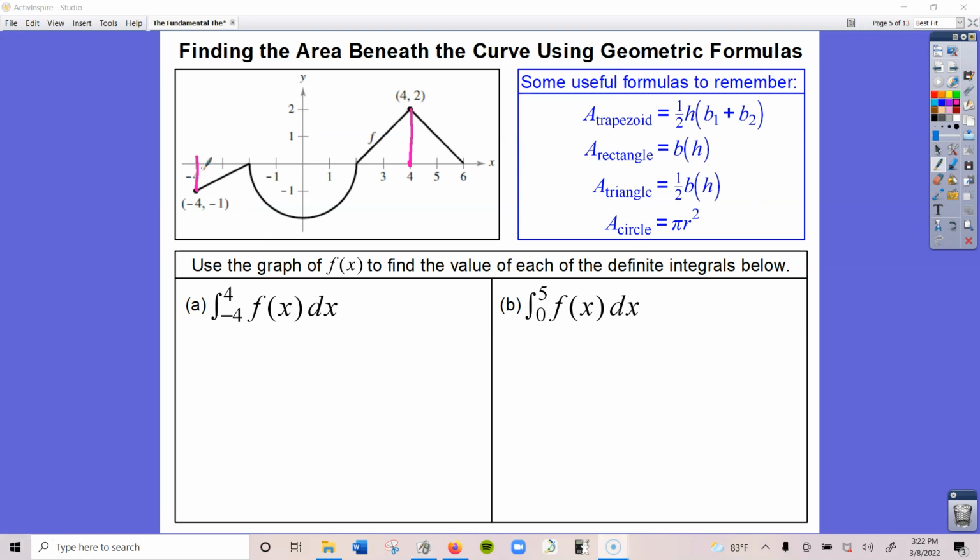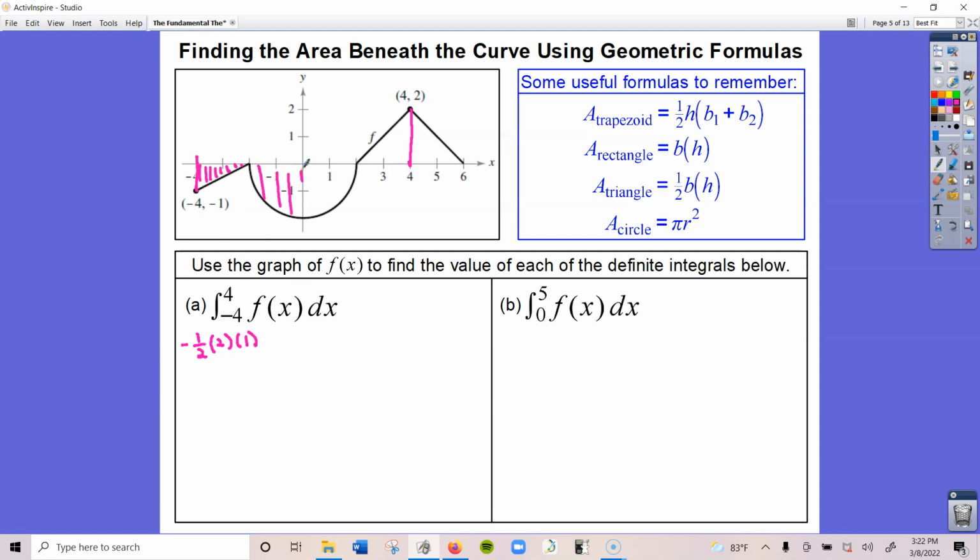So let's start by calculating the area of this triangle here. That triangle is going to be negative area, so it'll be 1/2 times the base, which is 2, times the height, which is 1.